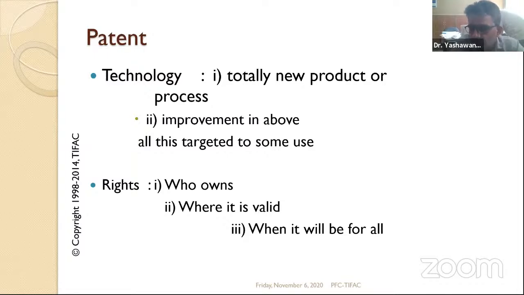But if we talk about patents, it has to be a technical advance in your product, or a technical advance in process. So you have to see your work through the eyes of technical advancement and newness. That is very essential before moving forward and thinking about protection through patent.